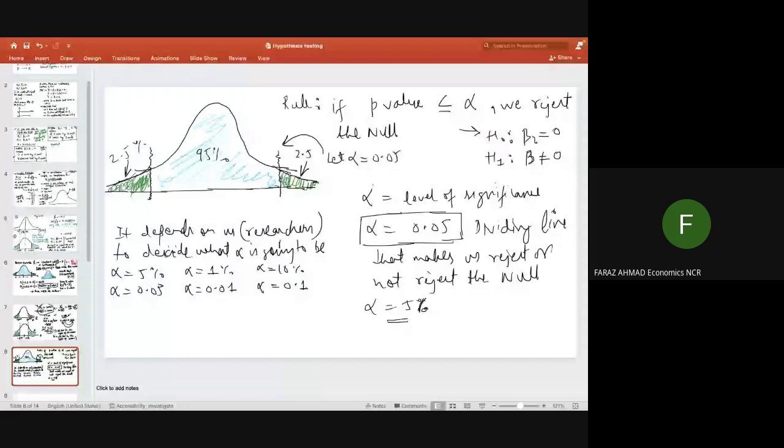And this green area is alpha, right? So green area is alpha, right? And then we have a t value corresponding to it. So what is that t value? That's what is important.